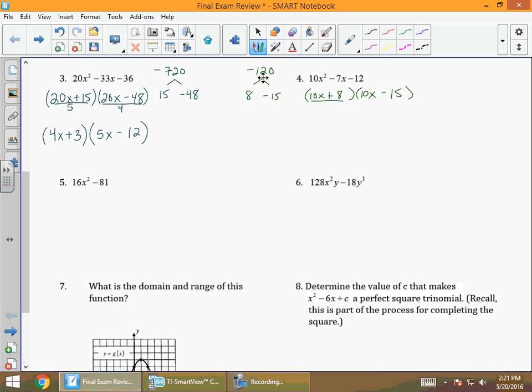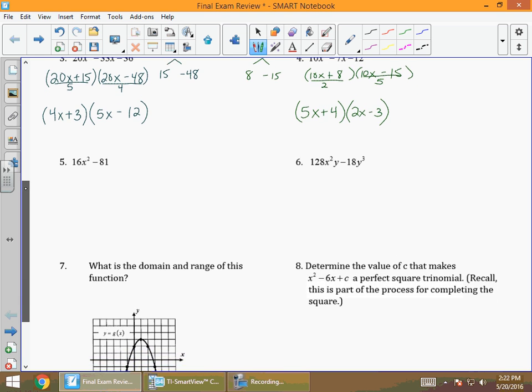This side, 10 and 8 are divisible by 2. So that would be 5x plus 4. And the right one looks like it's divisible by 5. So 2x minus 3. And that would be completely factored.